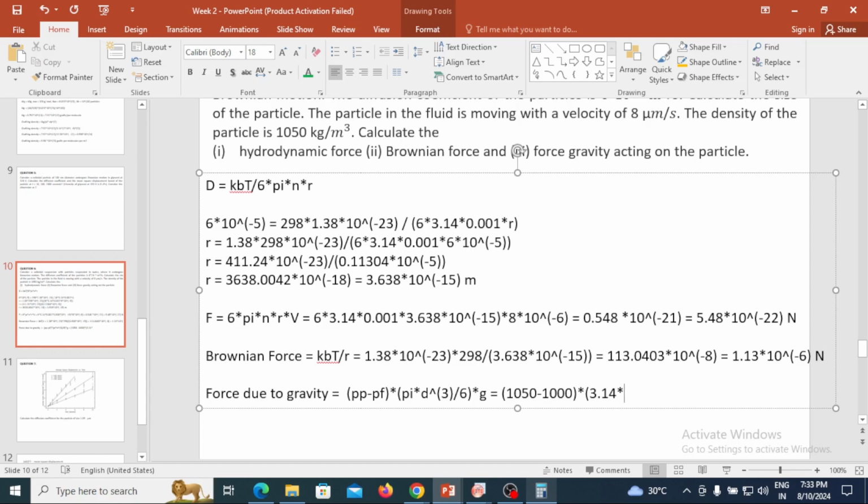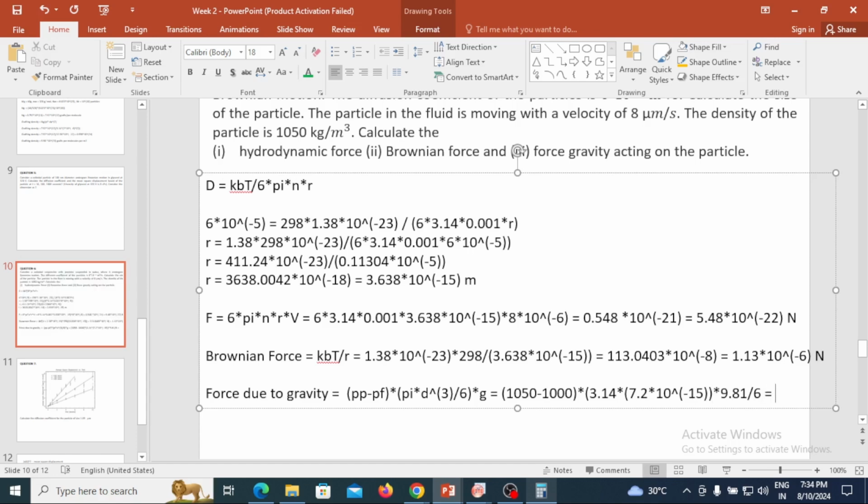D is 2R, so that is 7.2 times 10 to the power minus 15, into G, that is 9.81, by 6.